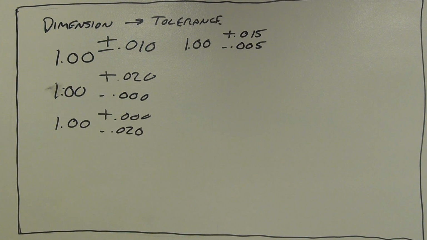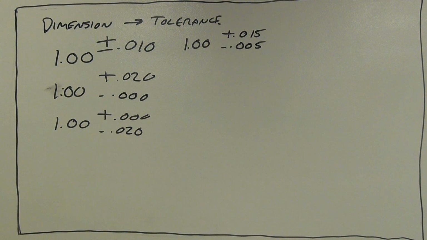If you look at the last one over to the right there, we see that even the bilateral form can take sort of a weird form where the tolerance isn't equal on both sides of the dimension. In this case, 15 thousandths goes to the plus and 5 thousandths goes to the minus.